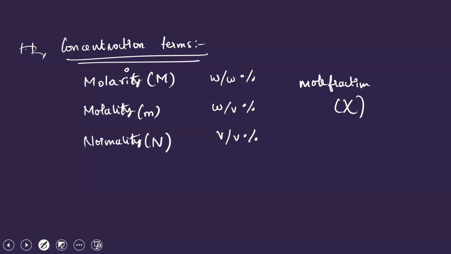What we will basically do is first study what is what, and we should know how to expand whatever is given. If they say 2 moles per liter of NaCl, what do we understand? 2 moles of NaCl in 1 liter of solution. Now if I ask you in 500 ml what is the number of moles of NaCl, you can very easily say 1 liter has 2 moles, so 500 ml will have half of that, which is 1 mole. Correct? So like this you will be able to relate.